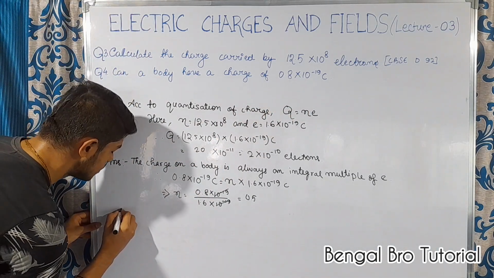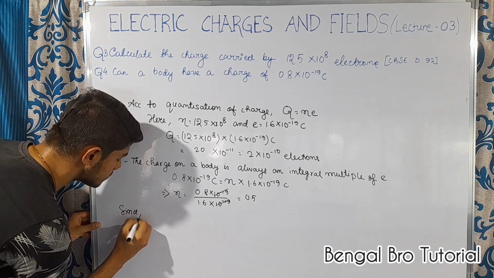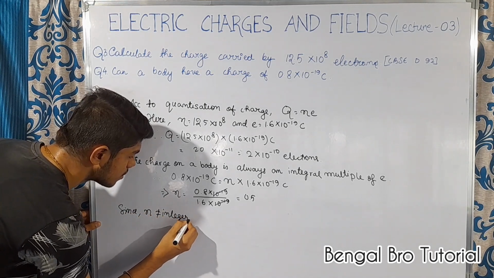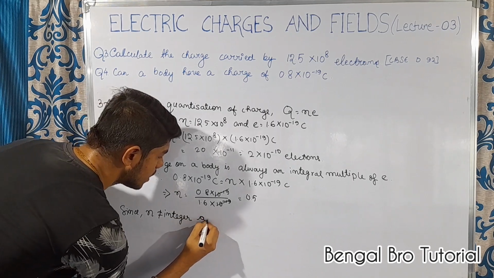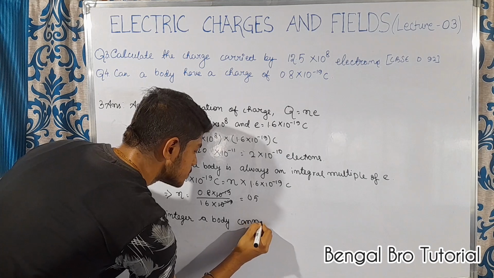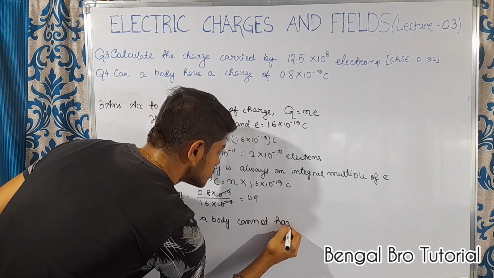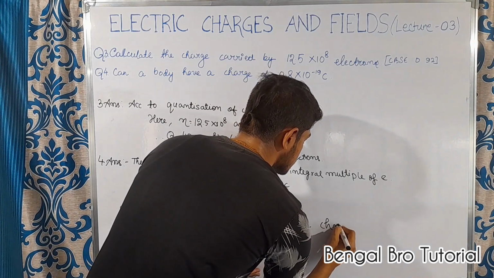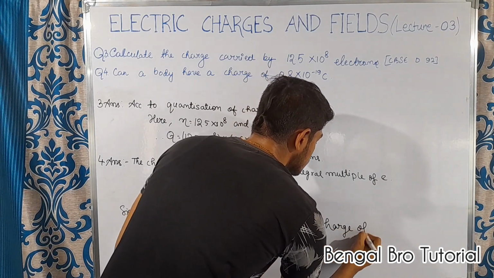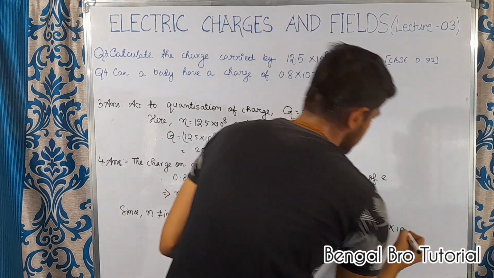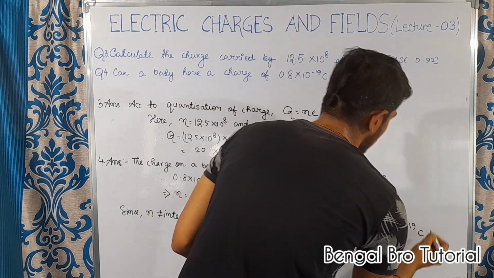Hence, we can write that since N is not equal to an integer, a body cannot have a charge of 0.8 into 10 to the power minus 19 coulomb.